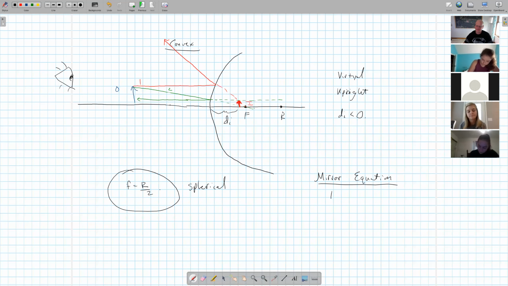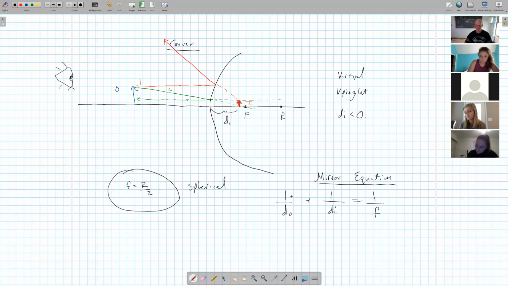The mirror equation says that 1 over the image distance plus 1 over the object distance is equal to 1 over the focal length. Now, you have seen this before in lab. This is also known as the thin lens equation. The mirror equation and the thin lens equation are identically the same.